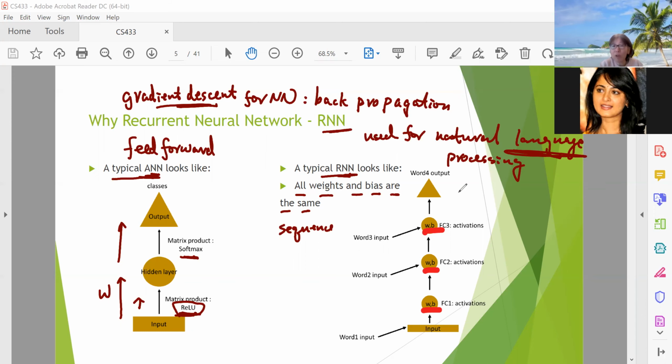We use this as an example: each time your input is a single word, word one here, and then you move to the next, you have the second word input, and then the third word input for the activation. Then you can predict what the fourth word is based on the previous three words.